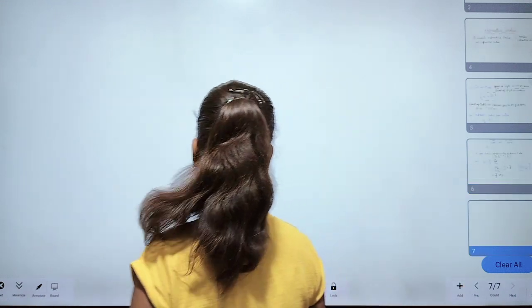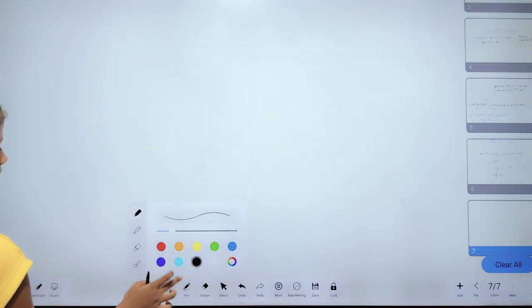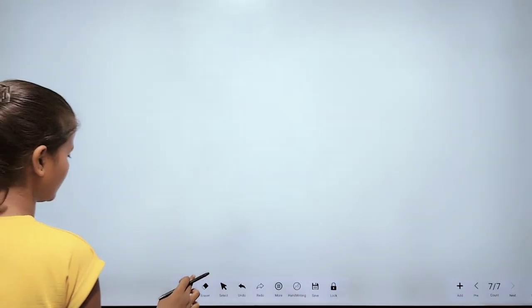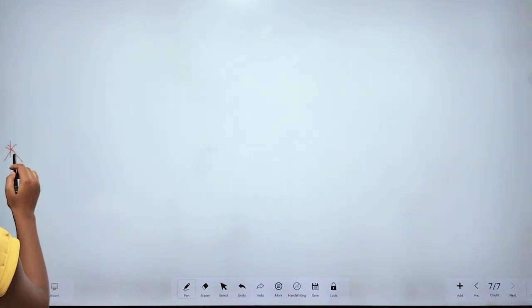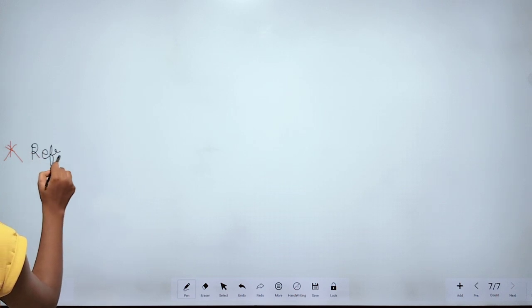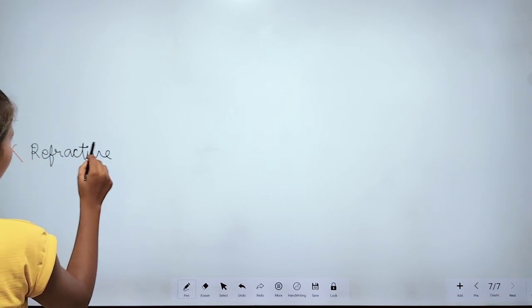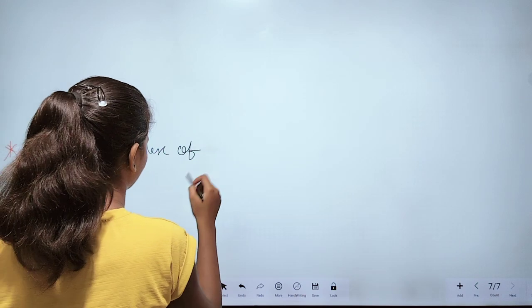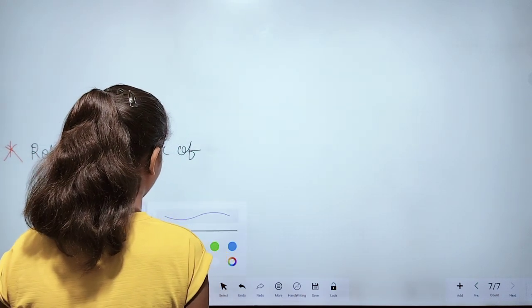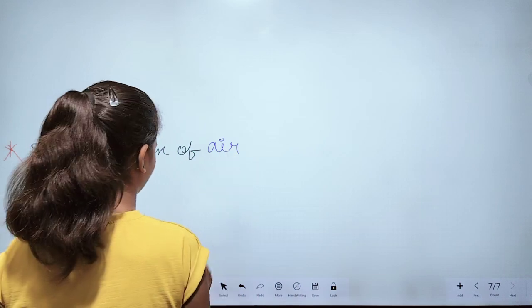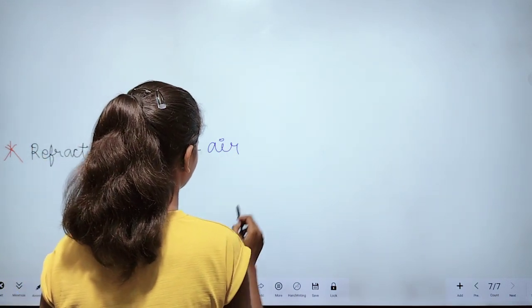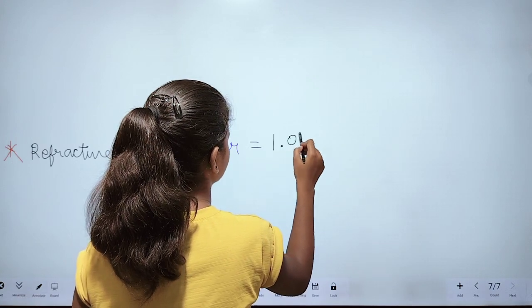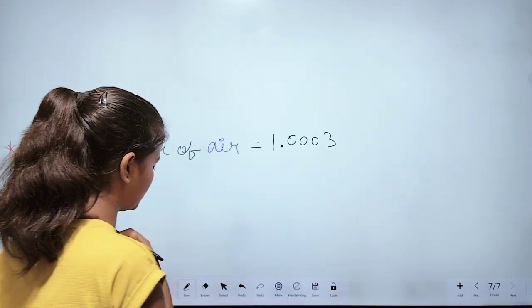Now let's see some points related to refractive index. Refractive index of air is equal to 1.0003.